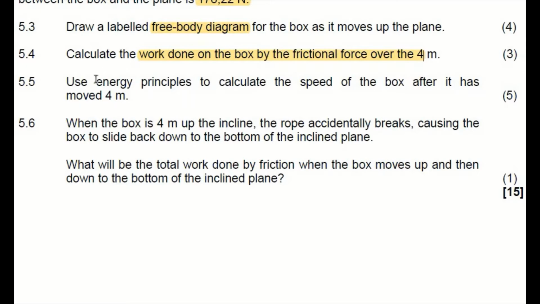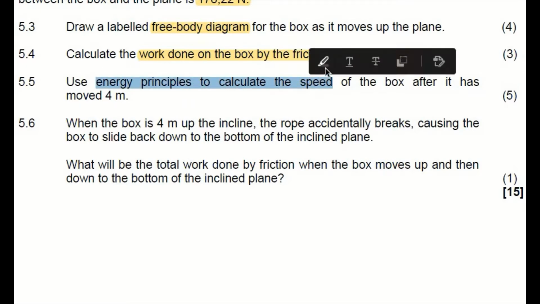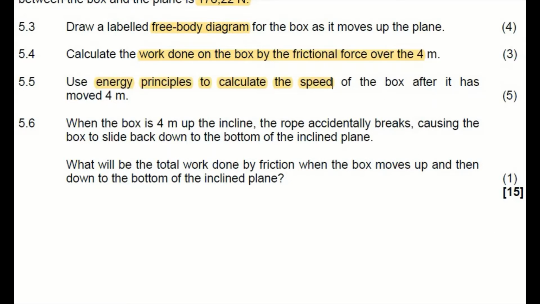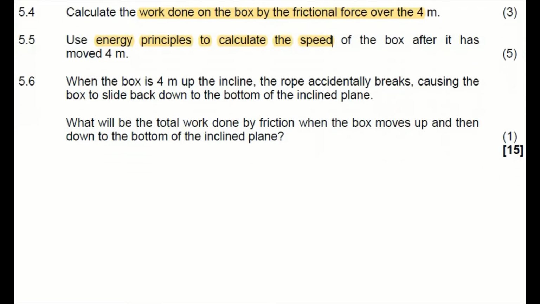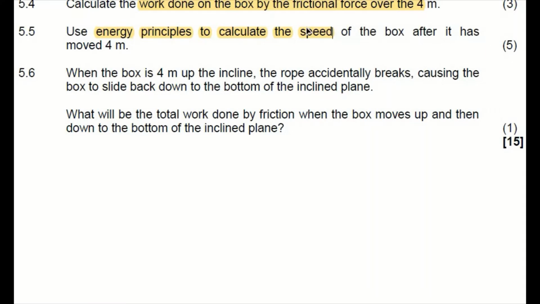And then use energy principles to calculate the speed of the box after it has moved 4 meters. Remember, speed is just the scalar version of velocity. So velocity is a vector, whereas speed is a scalar quantity, meaning that you don't need to include direction when we report the answer.